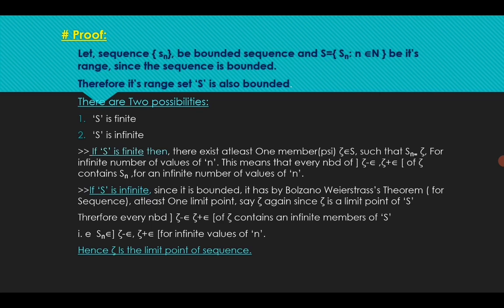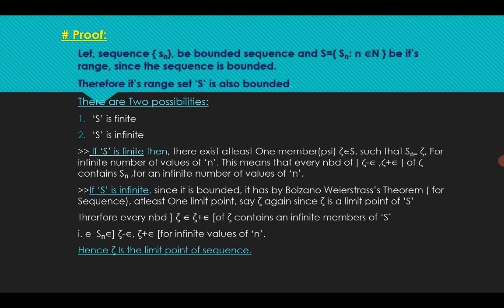A real number xi is a limit point of set S if every neighborhood of xi contains an infinite number of members of S. Then only xi is called a limit point of set S. We also have another definition.